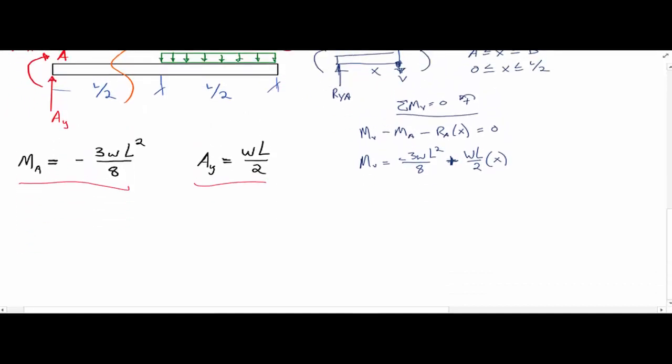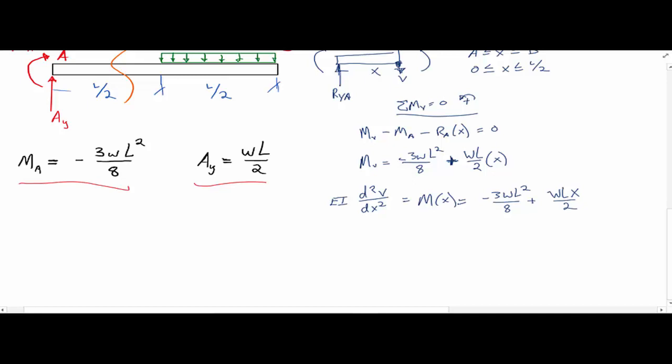Using our double integration method, we can say modulus of elasticity, moment of inertia, and the second derivative of our deflection with respect to x equals the moment of x, which we just determined was negative 3WL squared over 8 plus WLx over 2.